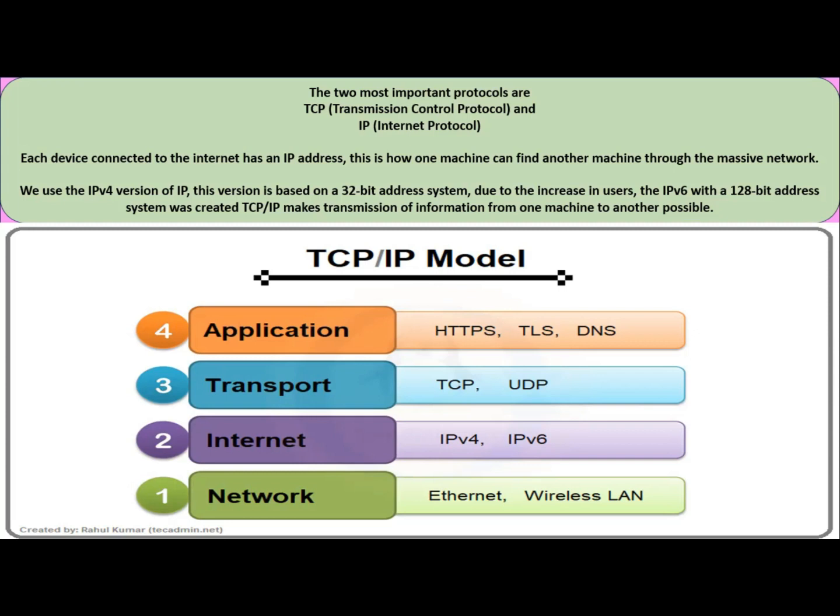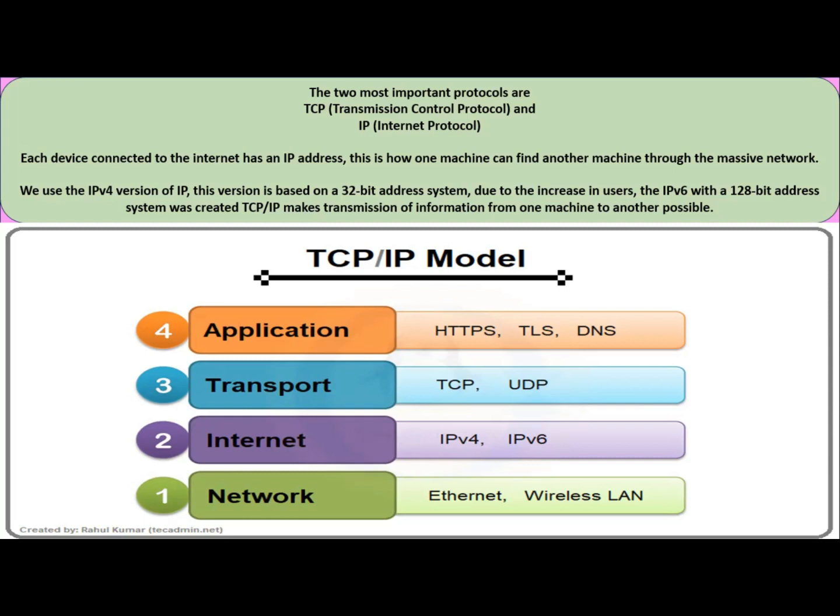Now, on the TCP/IP model, for applications, we have HTTPS, TLS, and DNS. Now, what do we mean? What is DNS? Domain Name Server. So each web page you visit on the internet belongs to a particular server. So for you to be able to access that server, you have to hit the domain name server, like facebook.com.